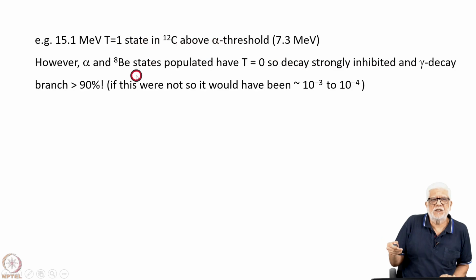So that's why this state is actually a sharp state. It decays mainly by photons to the lower states in carbon 12, and so the gamma decay is actually 90% of the branch, whereas you would have expected, if you didn't look at some of these aspects, that this state should have widths of the order of MeVs. In fact, it has a width of the order of electron volts.